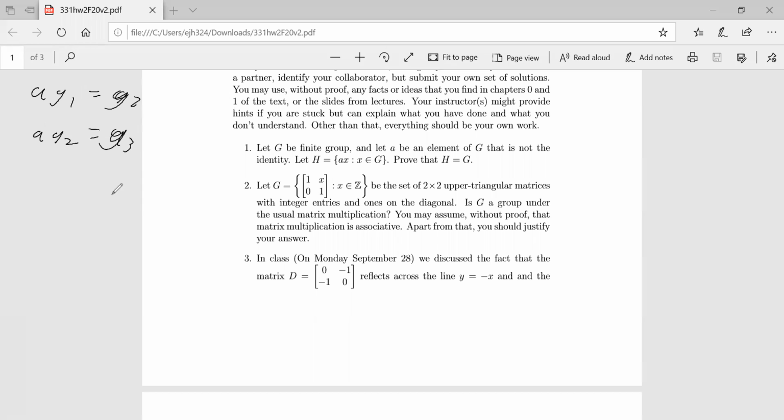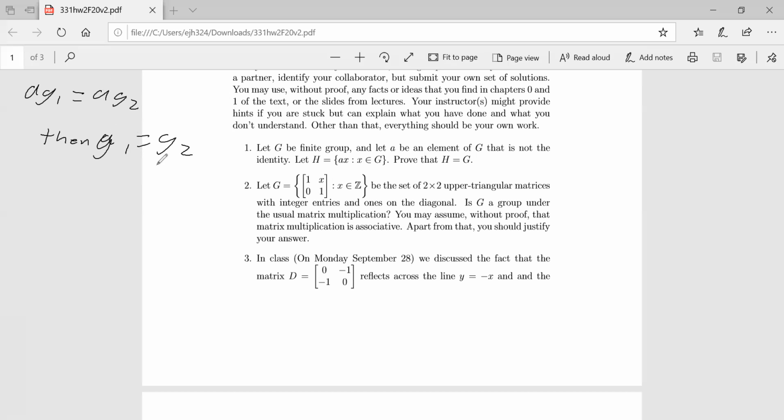So where do I want to go with this? Actually, I'm just going to try to prove that if AG1 is equal to AG2, then G1 is equal to G2. If I prove this, then I've proven most of it.